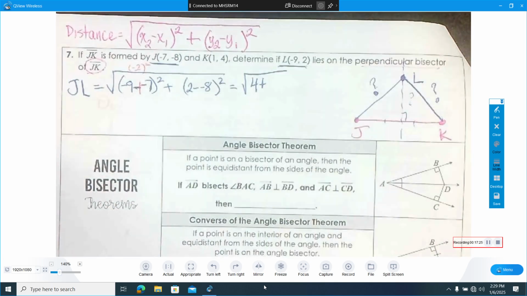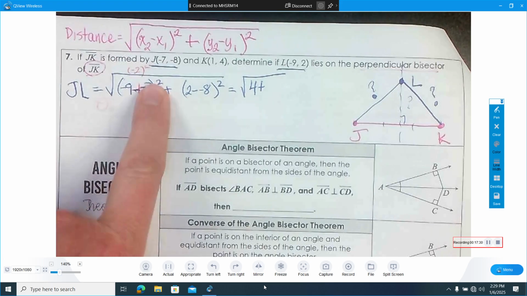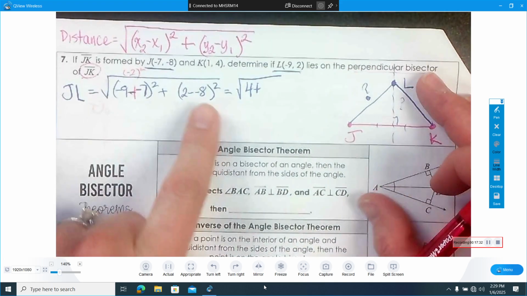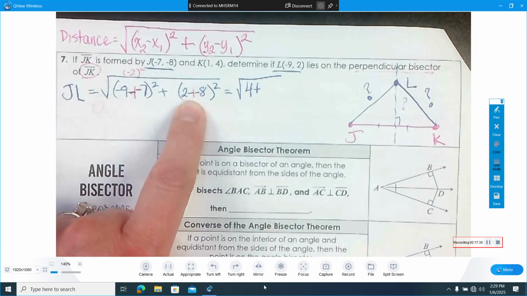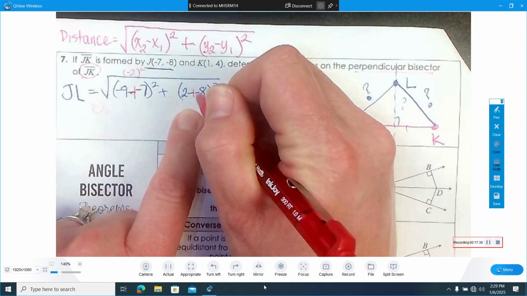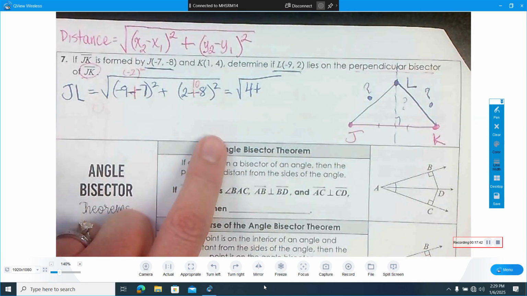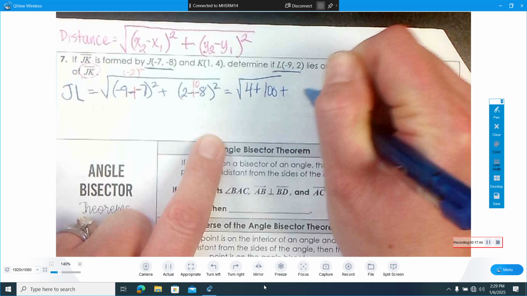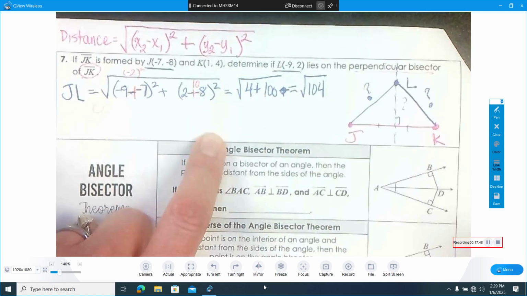If you get something negative, you did it wrong. It should always be positive because we're squaring the whole thing. 2 minus a -8 becomes plus, that is 10. 10 squared is 100. All right, so we have 4 plus 100, which is equal to the square root of 104.